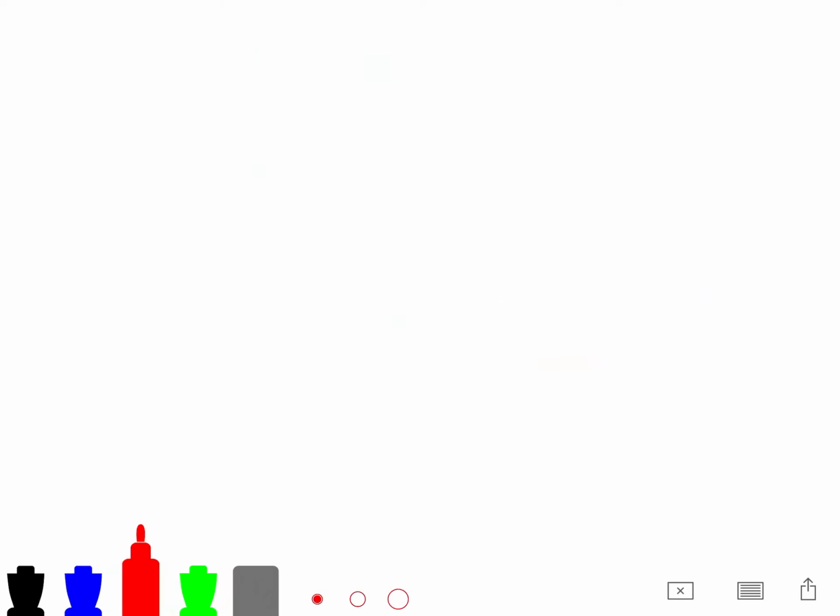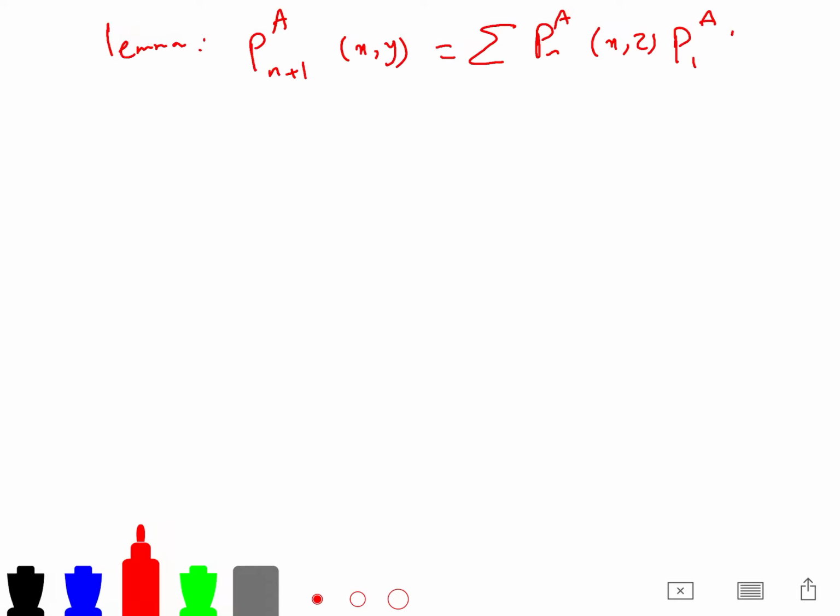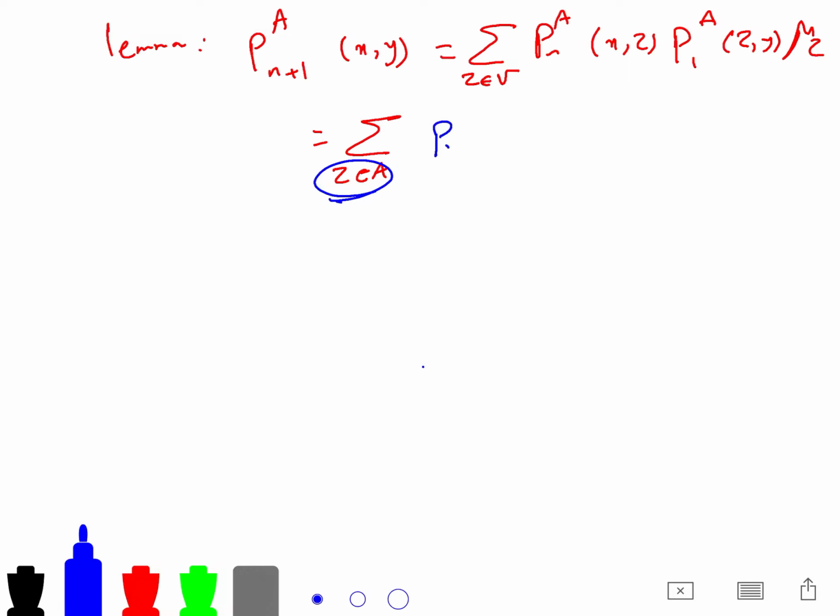I just multiplied by f of y times mu of y. And another important lemma that you should use is that P of x and y is just the sum of P_n^A of x and z, P_1 of z and y, times mu of z, and this is just z over A. Here z ranges over all vertices, but now it's just a subset of vertices.